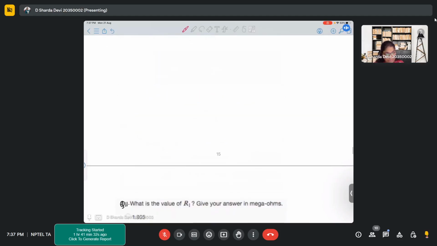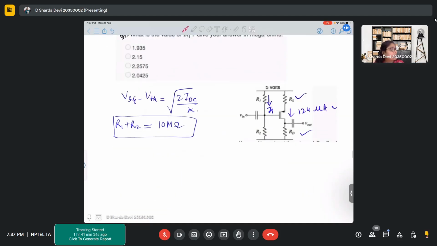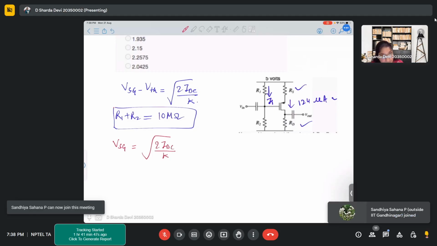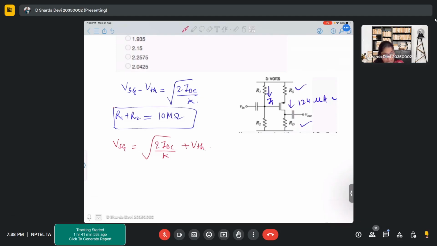Now we are at this point. R1 plus R2 is known. VSG is root under 2 IDC by K plus VTH.